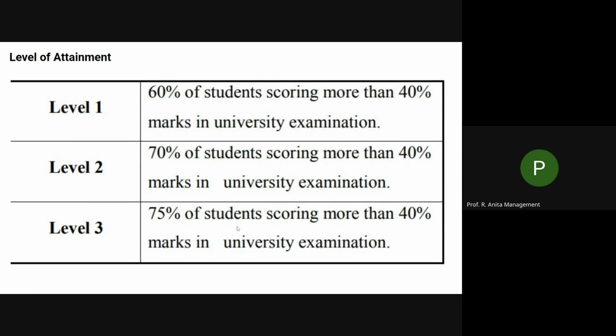This depends upon the student intake and fixing the percentage of students getting above 40% marks. Here I've chosen 60, 70 and 75 for the levels. For your college, you can choose accordingly based upon the intake and the performance, and gradually every year, based upon that particular batch, you can set your levels, right?